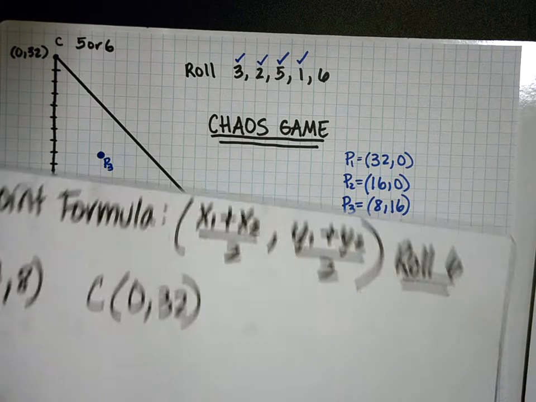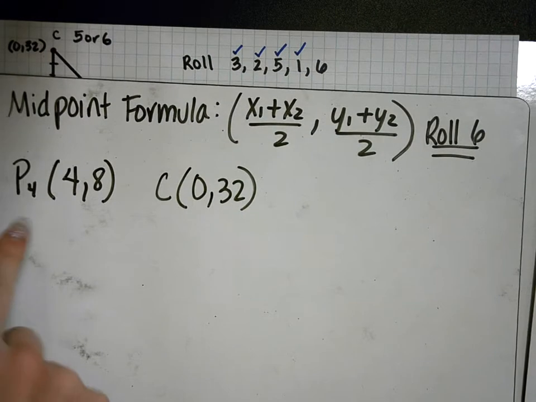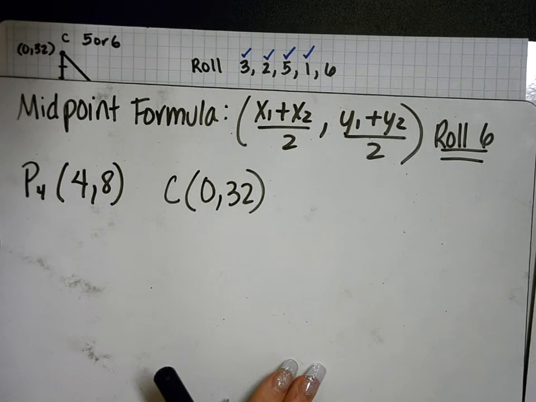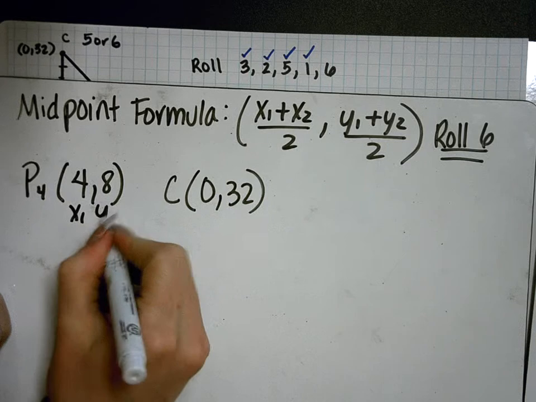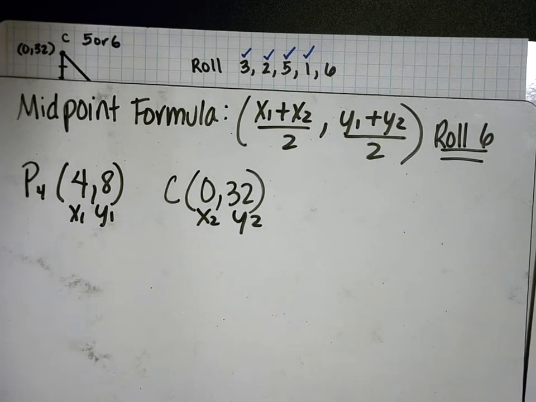So we have our midpoint formula one more time. This is for a roll 6. Our last point was P4, which is 4, 8. C, which is 0, 32. We're going to label our points. This is x1, this is y1, this is x2, this is y2, and then we just input it into the midpoint formula to find that midpoint.